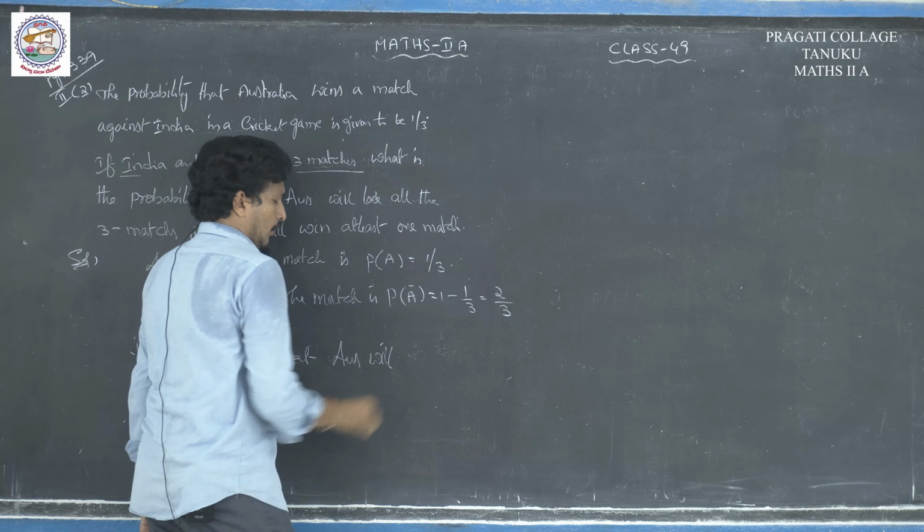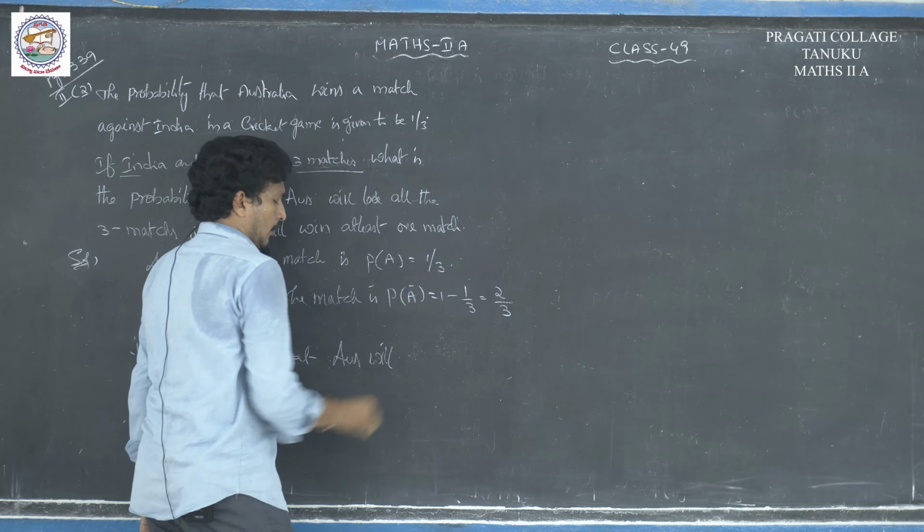Okay, what is the second part? Australia will win at least one match. Australia will win at least one match means Australia wins either the first match, or the second match, or the third match, or 2 matches at least. So that means either one match is won, or 2 matches, or 3 matches.